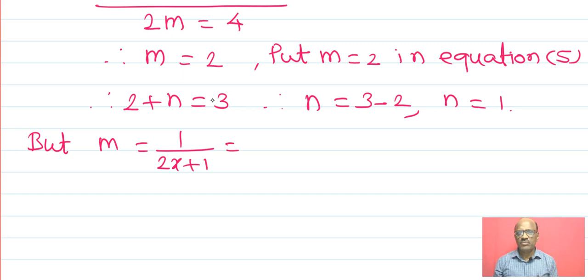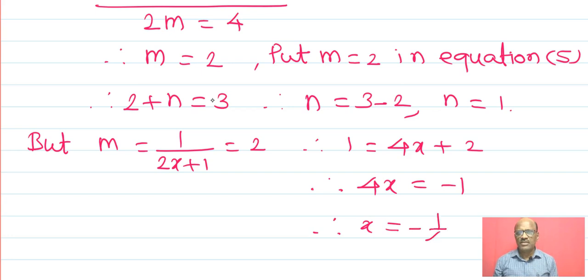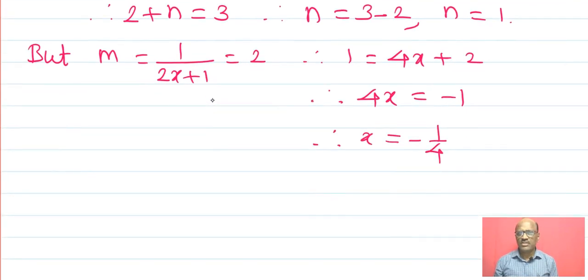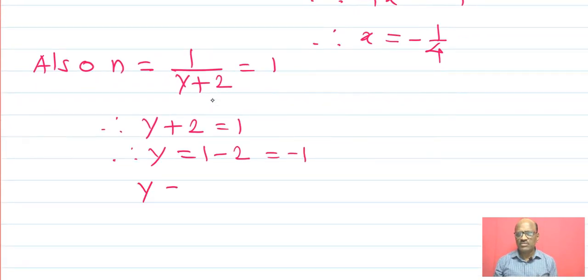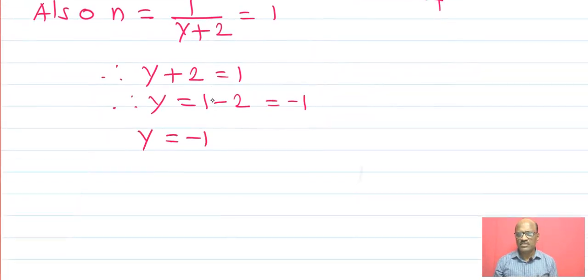But m is equals to 1 upon 2x plus 1, that is equals to 2. Make the reciprocal, that is 4x plus 2 is equals to 1. Cross multiplication करून करणार आपण ते. Therefore 4x is equals to minus 1, x is equals to minus 1 by 4. Also n is equals to 1 upon y plus 2, therefore y plus 2 is equals to 1. And y is equals to 1 minus 2, therefore y is equals to minus 1.